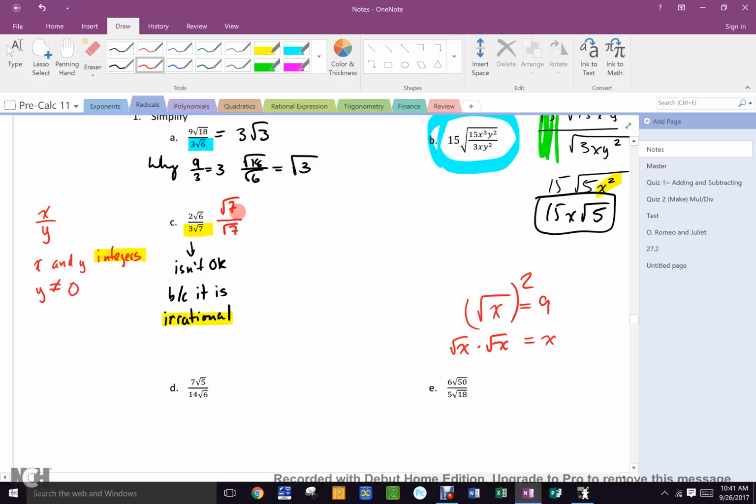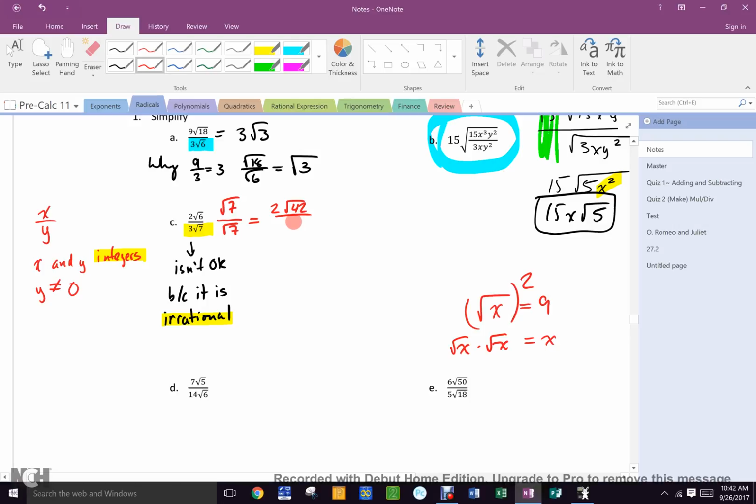No. Does it change how it looks? It's going to change how it looks. Because what is 2 root 6 times root 7? 2 root 42. And what is root 7 times root 7?